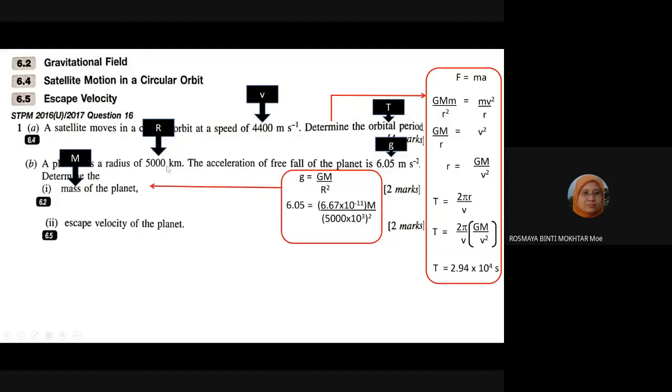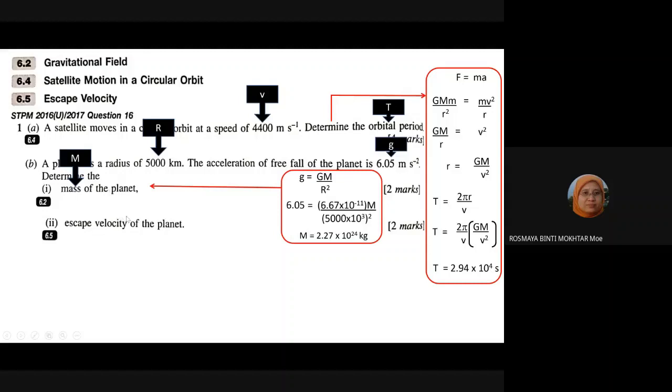Don't forget to convert to meter. This is in kilometer, so convert to meter: 5,000 times 10 to the power of 3, bracket squared. Then you cross multiply and you get M, the answer 2.27 times 10 to the power of 24 kilogram. So done, mass of the planet.